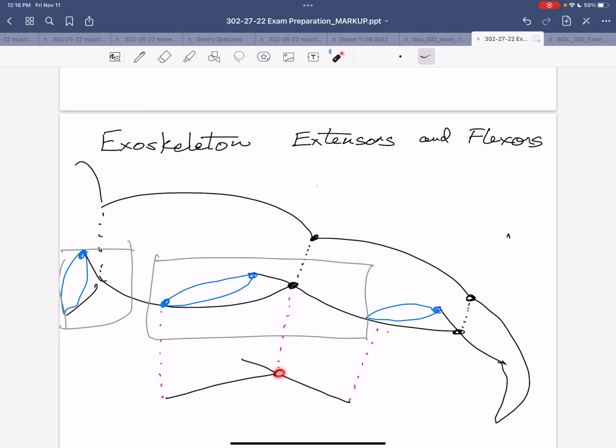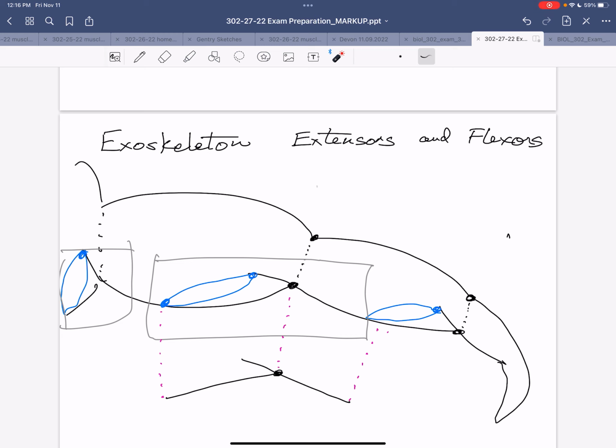The pivot point means this thing can go in either direction, here and here. If we pull down on this one here, it's got to make the other one go up. It's going to shift this whole element here up. Similarly, if we push up here, it's going to go down.